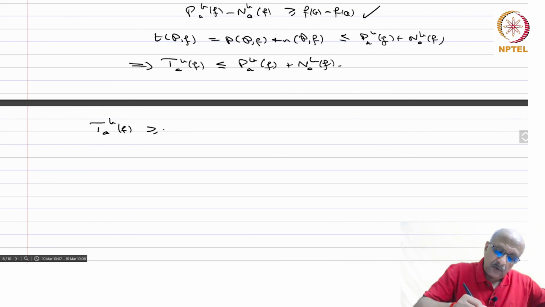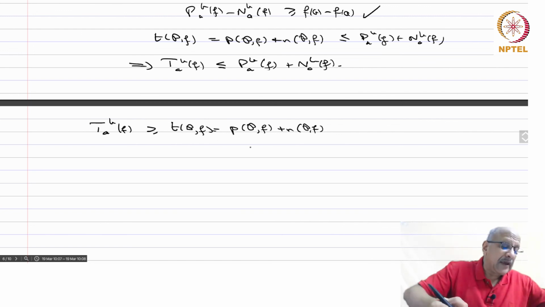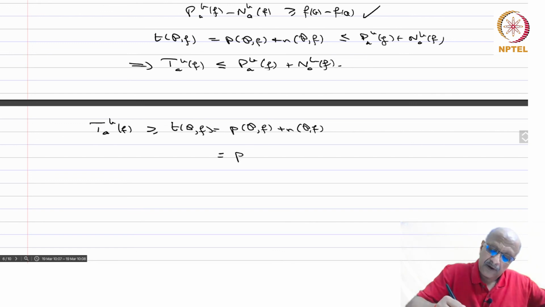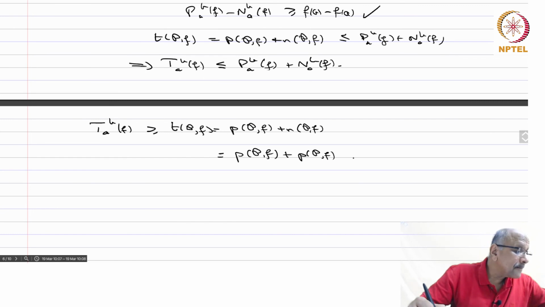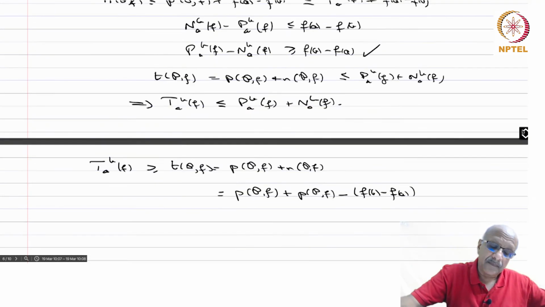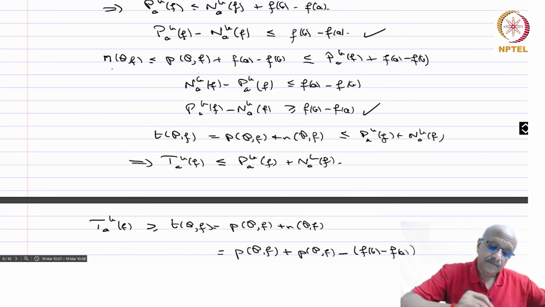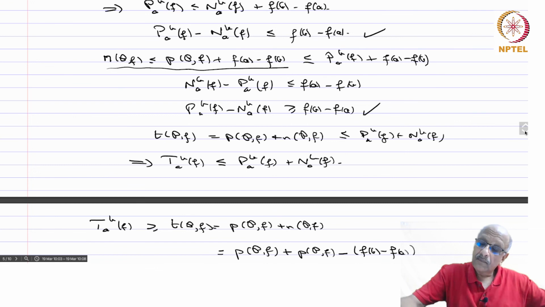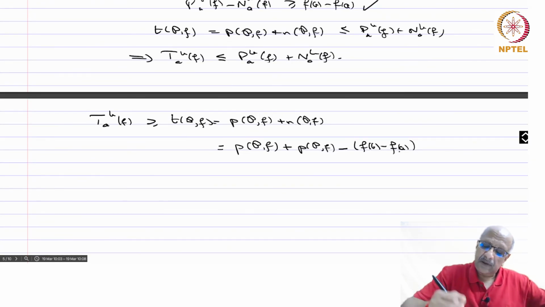Okay, so for that you take T_a^b(f), which is greater than or equal to T(P,f), which is equal to P(P,f) plus N(P,f). Now this N(P,f) is nothing but P(P,f) minus [f(b) - f(a)]. We just wrote it recently, instead of f(a) - f(b), I am writing this.